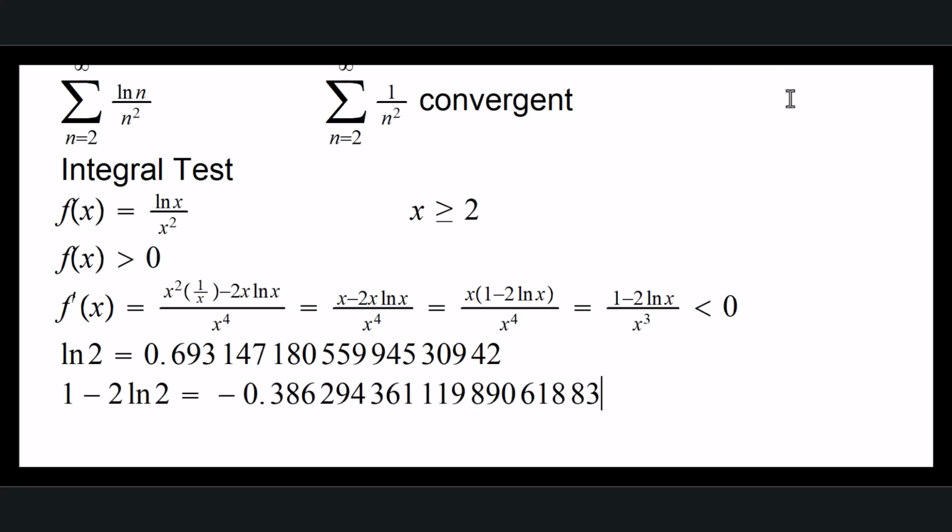And since natural log is an increasing function, this will be negative throughout for x greater than or equal to 2. So f prime x is negative.